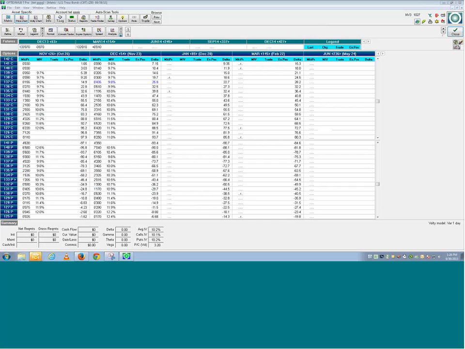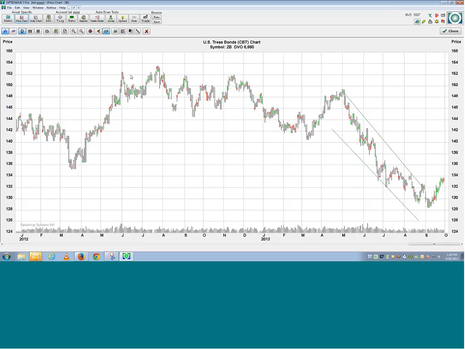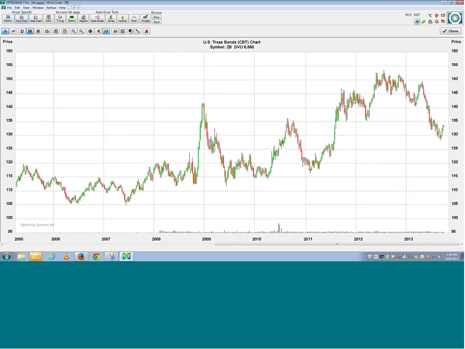Joe, are you bullish or bearish on Treasury bonds? Take a look at the price charts. Wow. Okay. Well, this one's obviously quite bearish. We've had a retracement. We're probably looking at a rollover coming up.